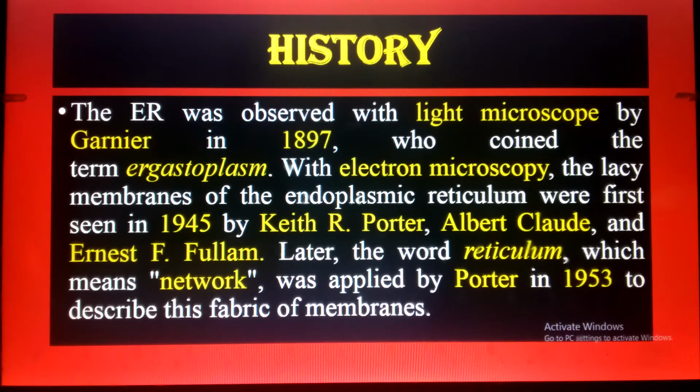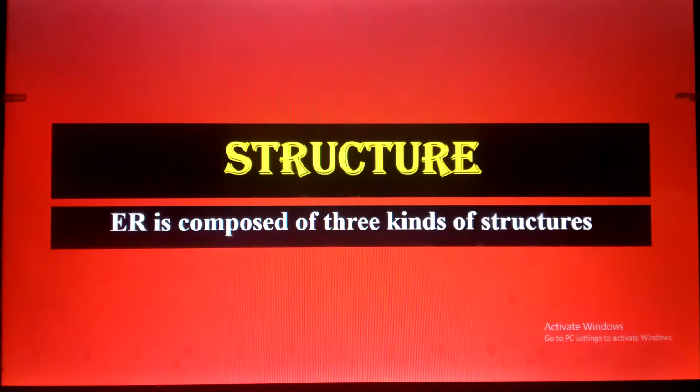With electron microscopy, the lace-like membranes of the endoplasmic reticulum were first seen in 1945 by Keith R. Porter, Albert Claude and Ernest Fullam. Later, the word reticulum, which means network of channels, was applied by Porter in 1953 to describe this fabric of membranes. Is it clear? So this is a little about the history of the endoplasmic reticulum.